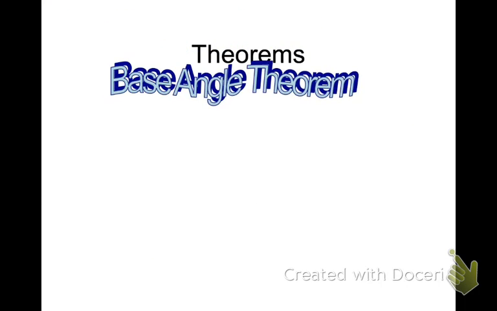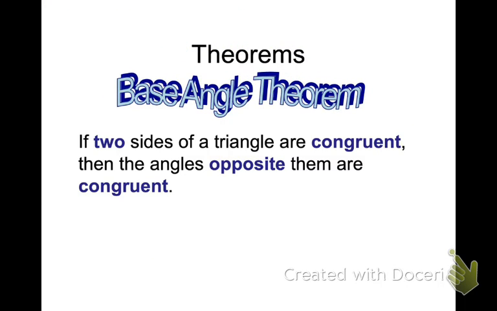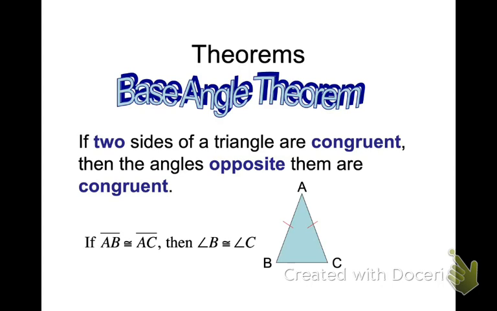So here are the theorems that you need to concern yourself with. The base angle theorem says if two sides of a triangle are congruent, then the angles opposite them are going to be congruent to each other. So if we had this as our triangle, with A being the vertex angle, B and C being the base angles, if we know that side AB is congruent to side AC, then the angle opposite of side AB is angle C, and the angle opposite of side AC is angle B. So those would be your base angles.